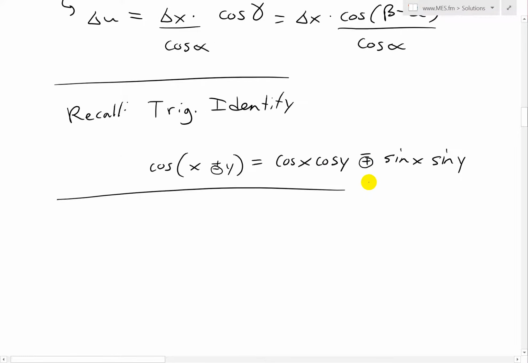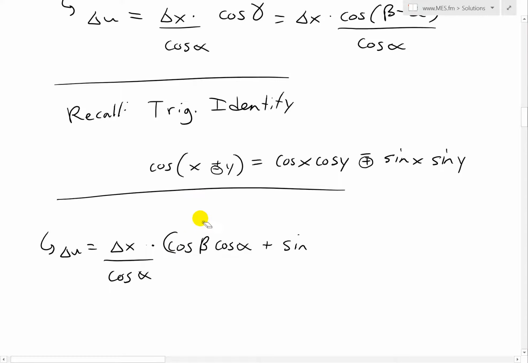So let's plug that inside. We have delta U is equal to delta x times, let's just divide this right here by cosine alpha, and then times cosine of x, which is going to be beta, cosine alpha, plus sine of beta sine of alpha. So that's what we have now.